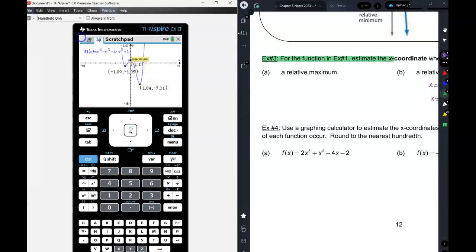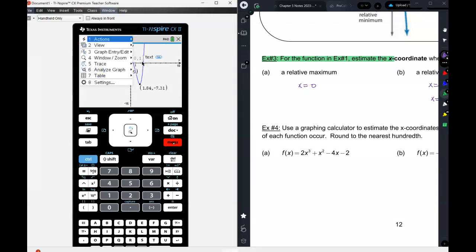So here, it's at 0, 1. So what do I put? X equals 0. Okay? So the good thing about the TI Inspire is it's very much menu based, like word processors and everything else that we use. So whatever you need to find, whether it's a 0 or whatever, you're always going to go into menu, analyze graph, and that's where the majority of the things you're going to find are. Okay? All right.